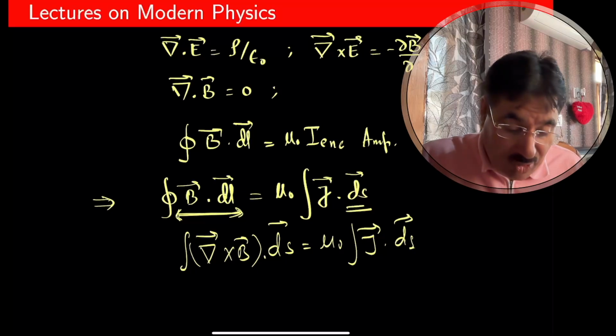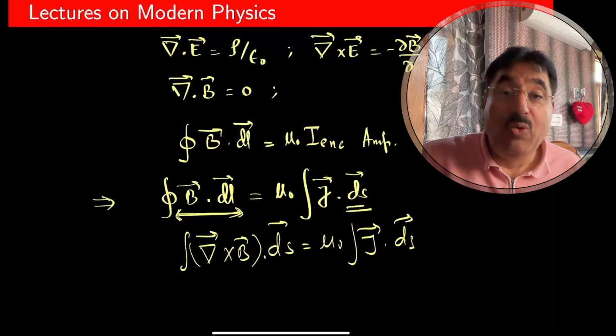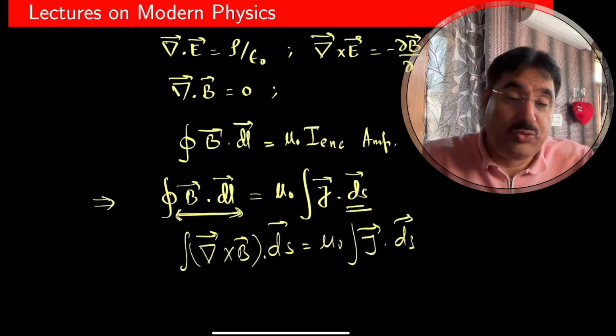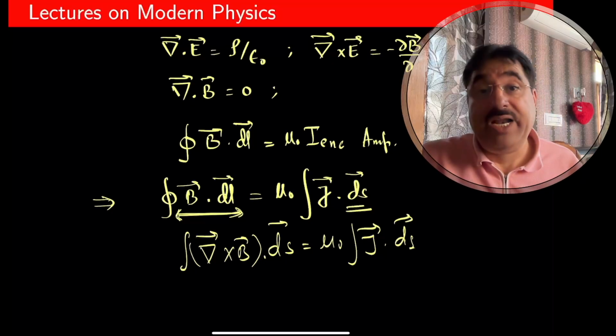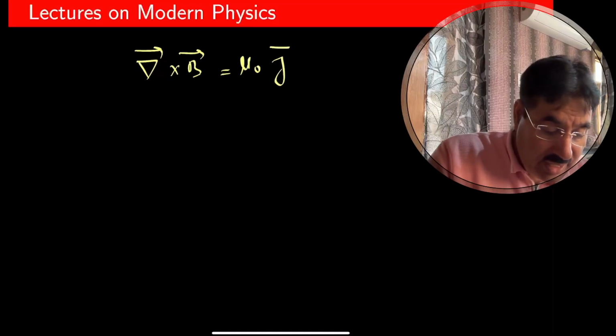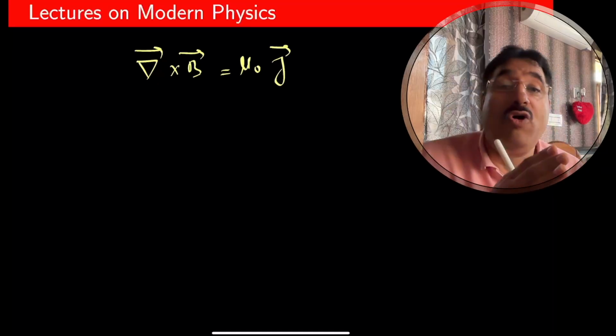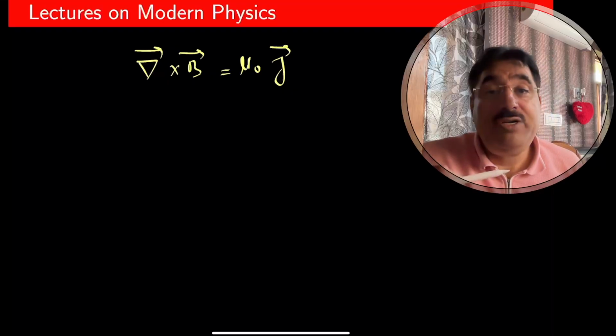And again, the same argument: the integrals are over the same surface you choose, and therefore the integrands must be equal. So if that logic goes, then we have curl of B is equal to mu naught J. And what is this? This is the differential form of Ampere's law, and we should be happy we are done.